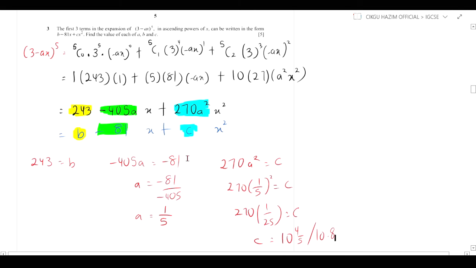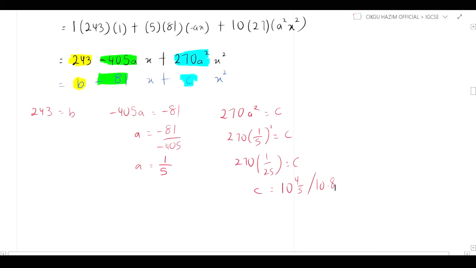So that's how we find the values of a, b, c. a equals 1 over 5 or 0.2, b equals 243, and c equals 10 4/5 or 10.8. That's how we do this question.